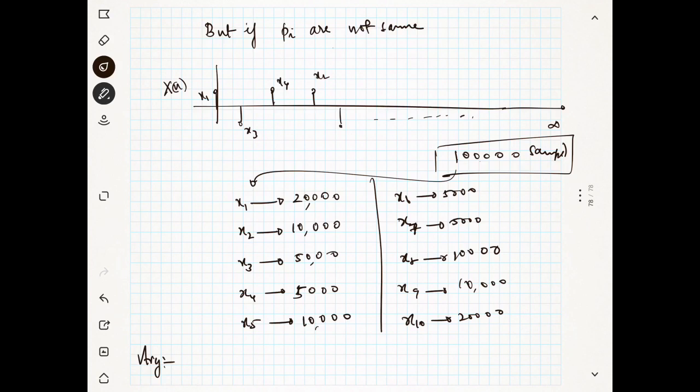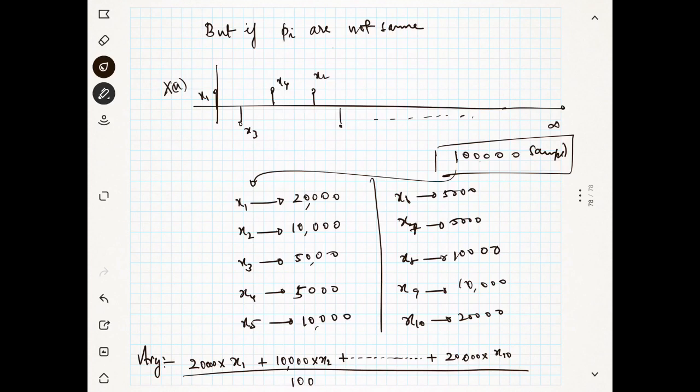You have x1 repeated 20,000 times, plus x2 repeated 10,000 times, and so on, and finally x10 repeated 20,000 times, divided by the total number of samples, which is 100,000, that means 1 lakh.